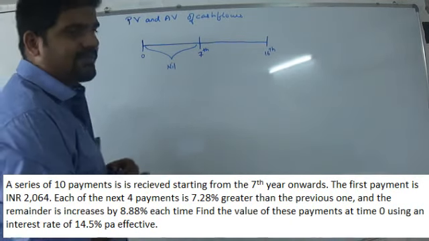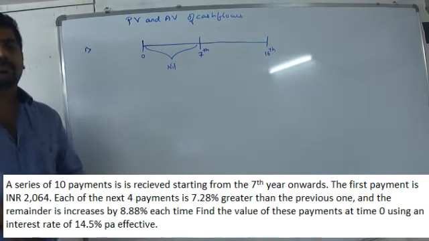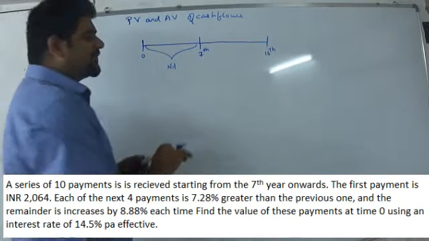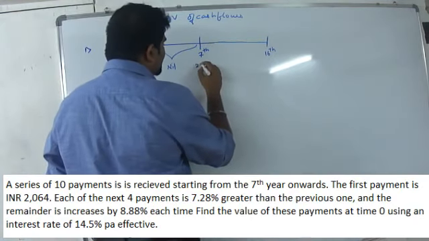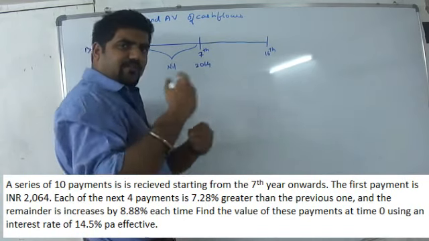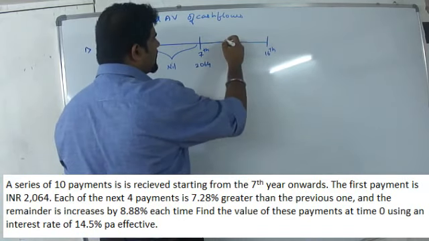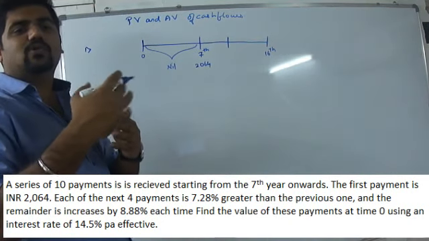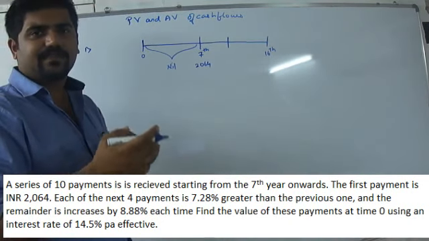So let's try to understand what they're saying. They're saying that the first payment, where is the first payment? In the 7th year. The first payment is rupees 2064. And each of the next 4 payments is going to increase by 7.28%. Are you understanding?